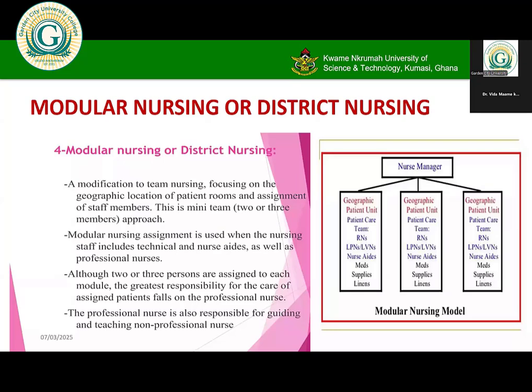Each location or module has a registered nurse as a team leader, and the other team members also. It calls for a smaller group of people providing nursing care to a smaller group of patients in the geographic location. And the major goal is to increase the involvement of the RN in planning and coordinating care.